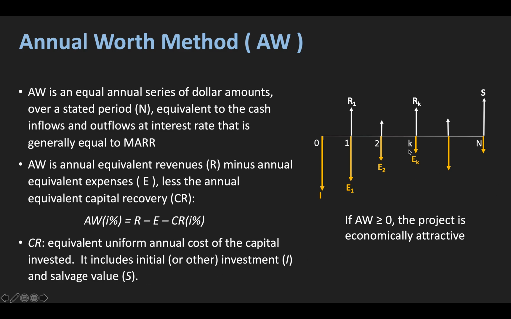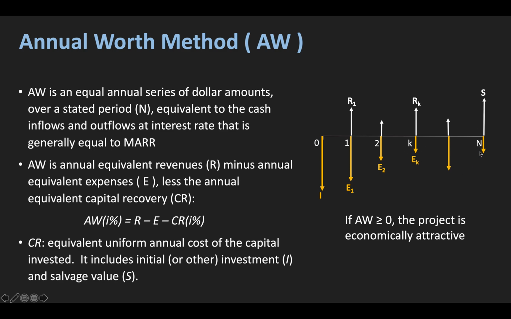So this basically shows what it looks like. What you have is I, the investment at the beginning. Then each year you have some revenue and some expense. Again, in year 2 you have some revenue, some expense, on year K, and so on and so forth.